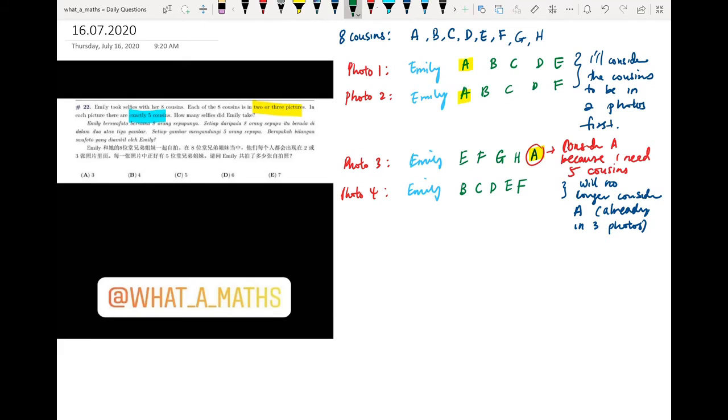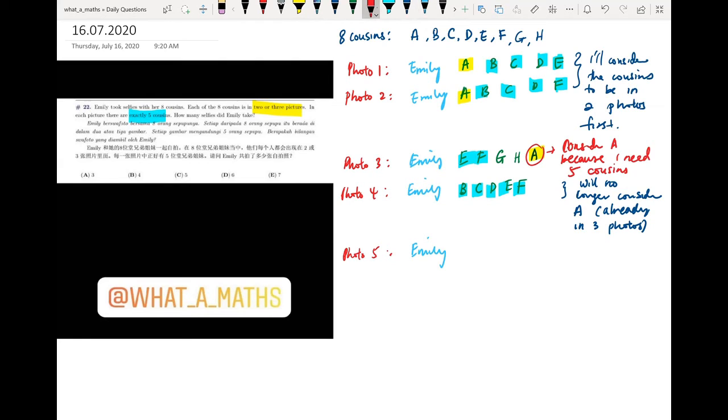So if I take a look this time, my B appears 3 times already. So the next one, I cannot consider B anymore. My C also appears 3 times, as well as D, my E as well, and also my F. So now when I proceed to photo number 5, Emily will always be there.